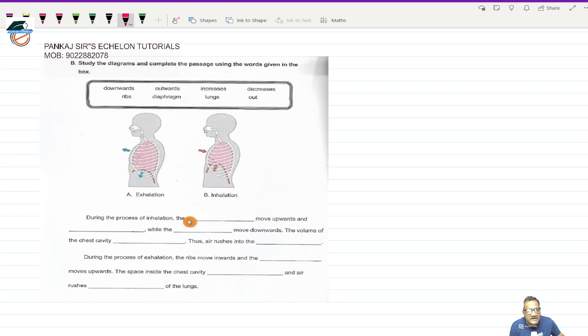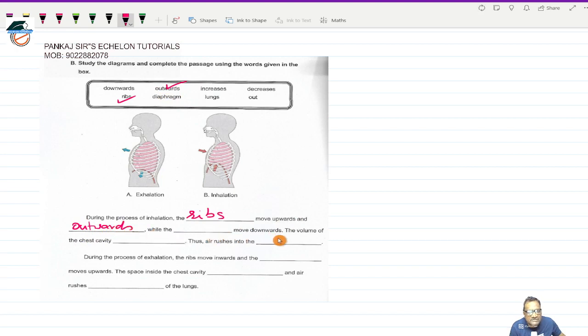The rib cage, you have ribs. So this is the word which will come here. The ribs move upwards and outwards. Is there outward? Yes, outward is also there. So the ribs move upwards and outwards.